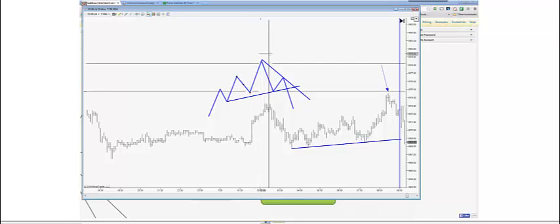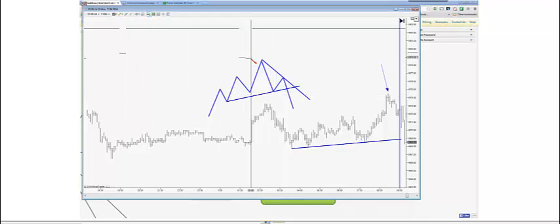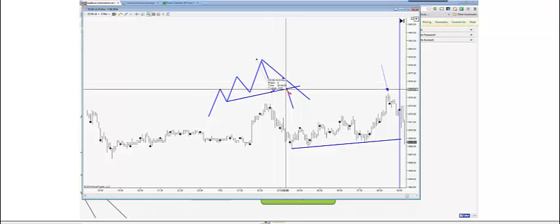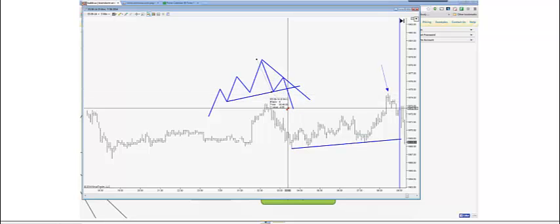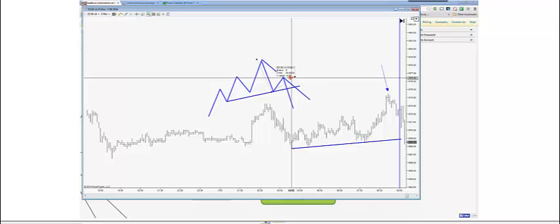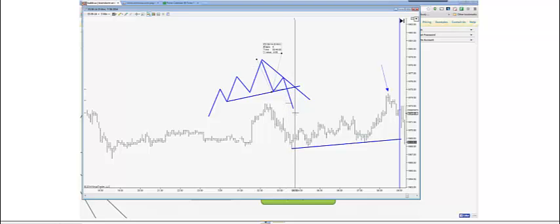So basically, you take the width of the triangle, right, and project it from the breaking point, and that's pretty much the same amount of, in this case, let's say, 4 points. So what it's telling me, I just measure from high to low here. From the break point, it should move about 4 points down.